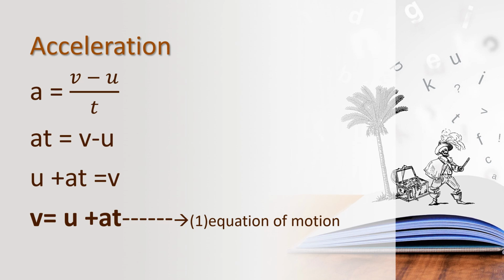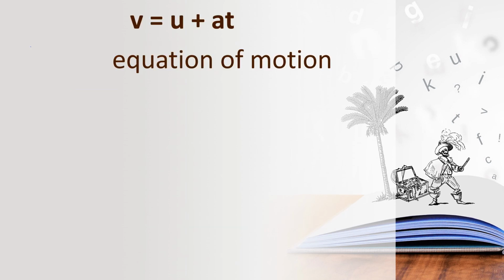Okay, children, can you all understand? So what is this u, v, and at? Do you know? Let us learn. So v equal to u plus at is the equation of motion. We have found it out. v is the final velocity, and u is the initial velocity.